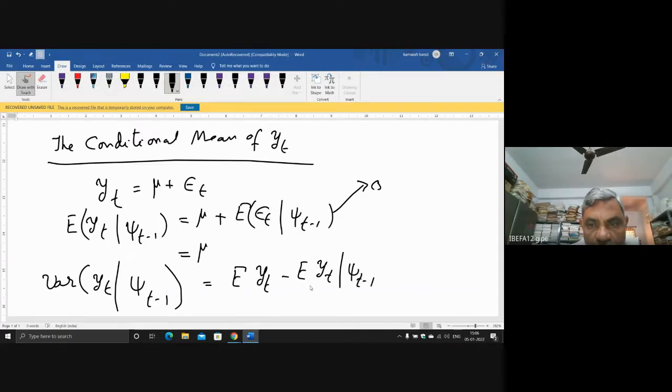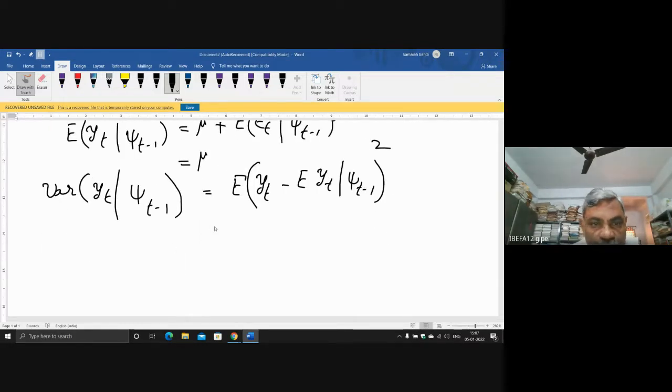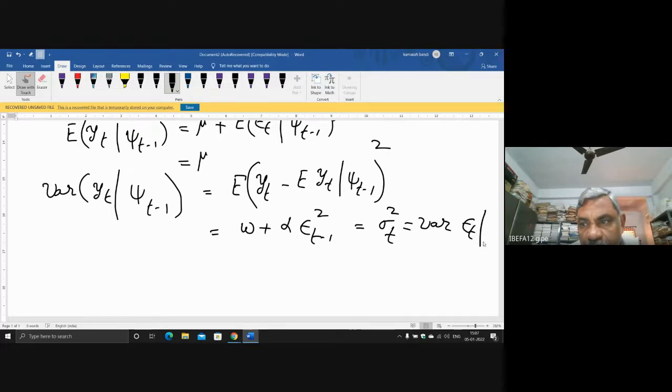This is nothing but the mean, and square this. By definition, this is the variance of yt. So if you simplify this, it simply becomes omega plus alpha epsilon t minus 1 square. This is nothing but your sigma square t. This is also the same as the conditional variance of epsilon t given the information.